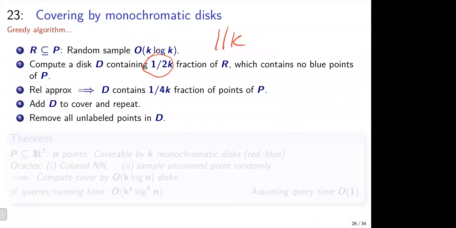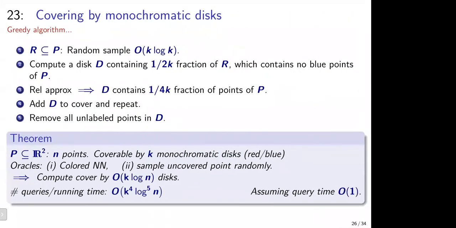And now by relative approximation, we know that this disk is in fact heavy for the whole point set. And again, to find this disk D, we do this undecided LP. We add it to the cover, we remove all the unlabeled points, and we repeat.